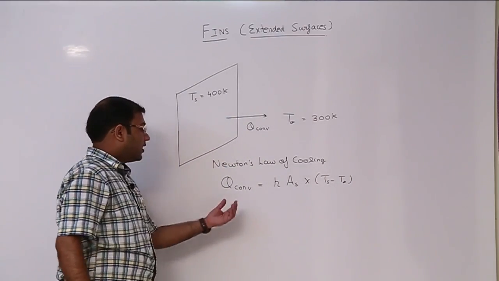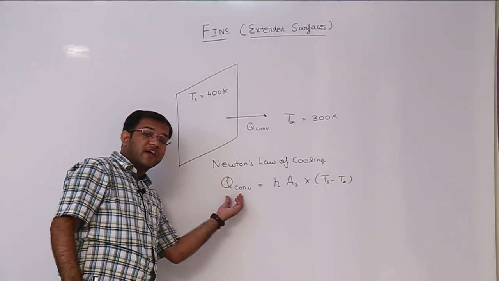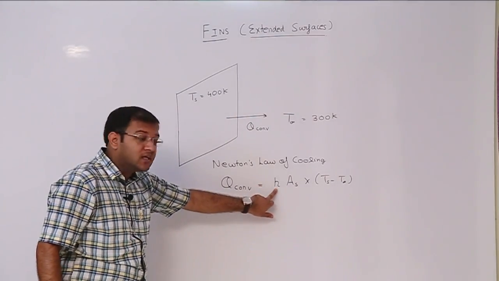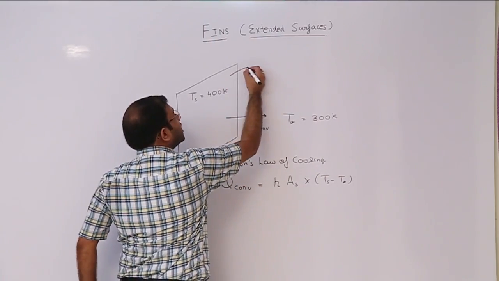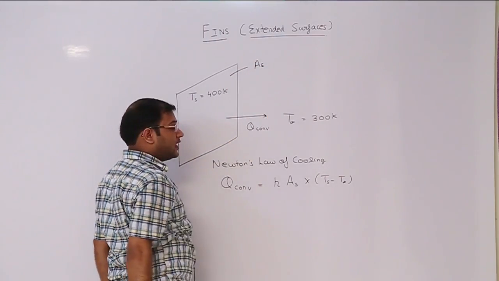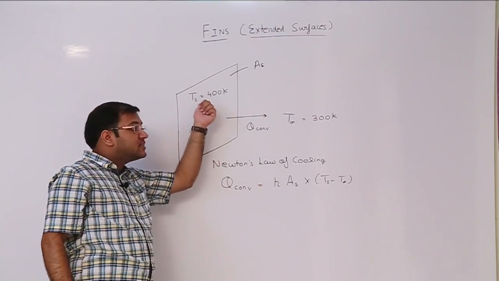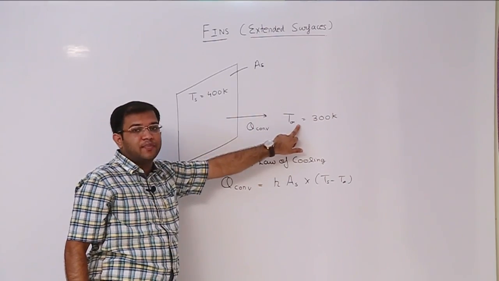Fine. See, the rate of heat loss by convection is the product of heat transfer coefficient h, the surface area of the solid body, and the temperature difference between the surface temperature and the surrounding temperature.